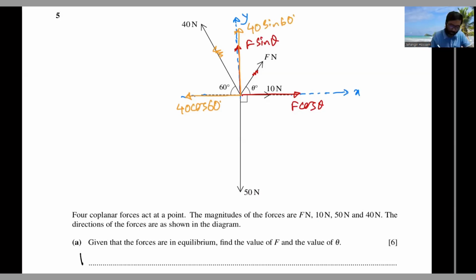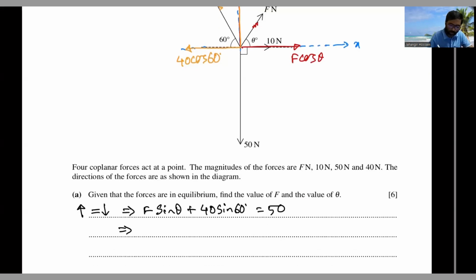First let's resolve vertically upward: F sin theta plus 40 sin 60 equal to 50. So we have F sin theta equal to 50 minus 20 root 3. Let's say it is equation 1.